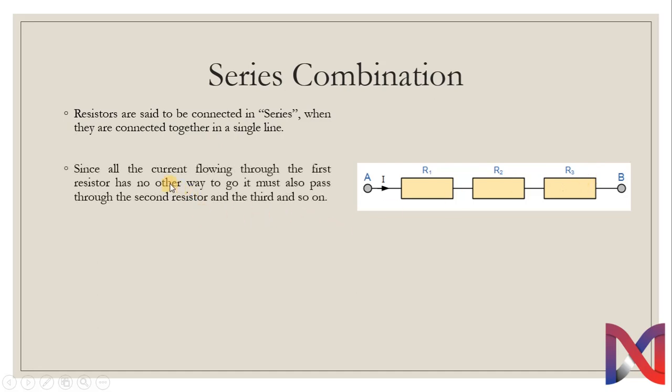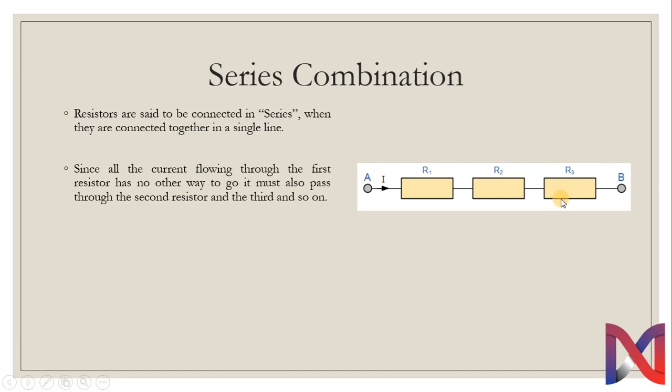Since all the current flowing through the first resistor has no other way to go, it must also pass through the second resistor and third and so on. What it means is the total current which is entering into R1 will be passing through R2 and R3.